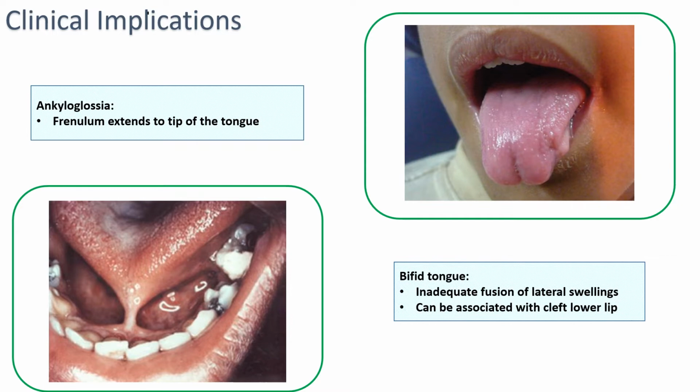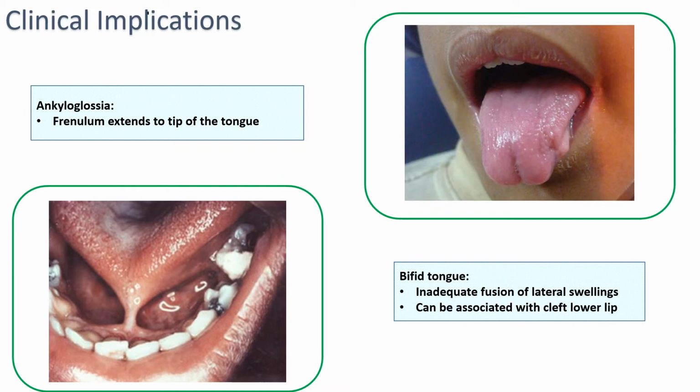So what happens in ankyloglossia, and the term itself really means tongue-tied, it's basically the condition wherein the lingual frenulum, so you can see down here, is actually quite short, or it measures less than 2 centimeters long.